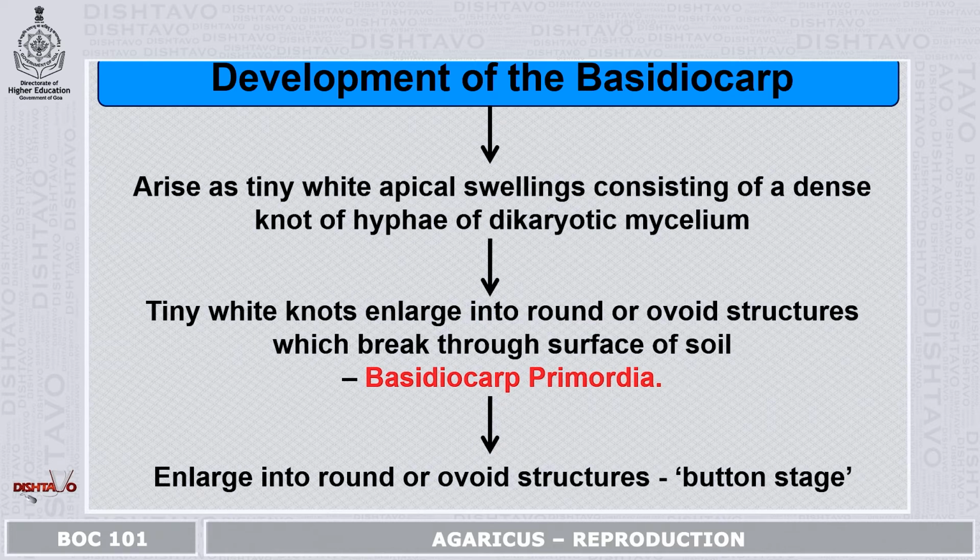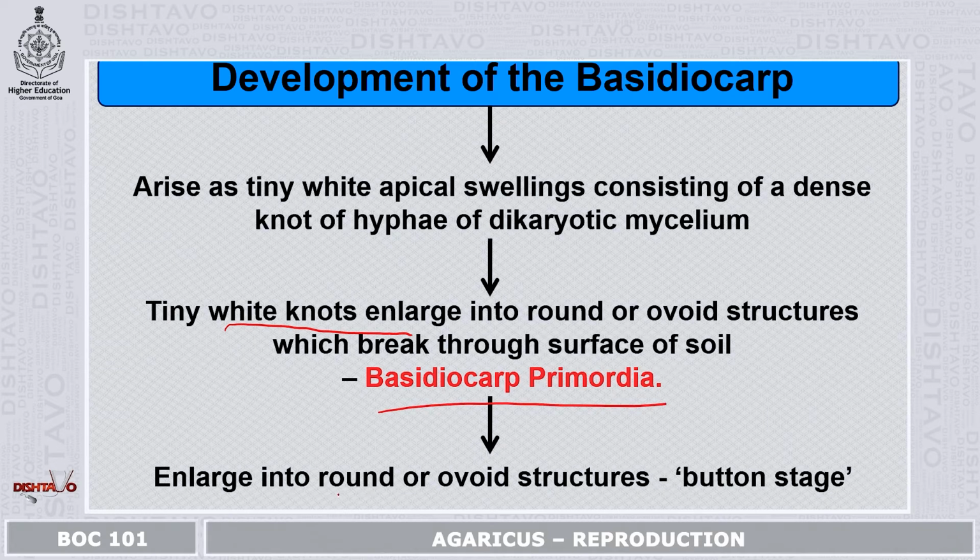Now, this mycelium, the rhizomorphs, takes in sufficient nutrients, and once it has taken in sufficient nutrients, these tiny white knots enlarge. They come up, break through the soil, and are called the basidiocarp primordia.